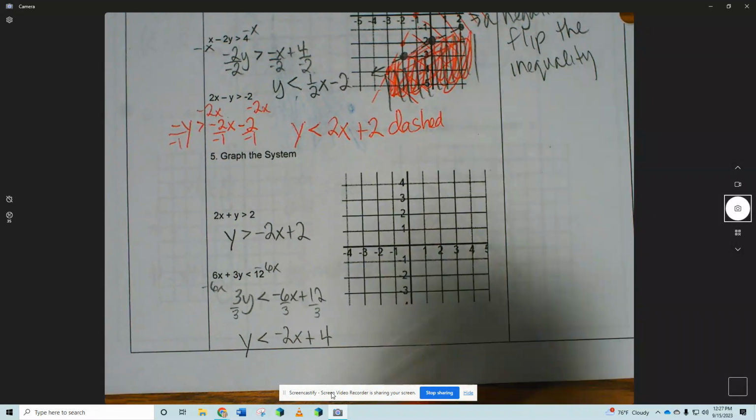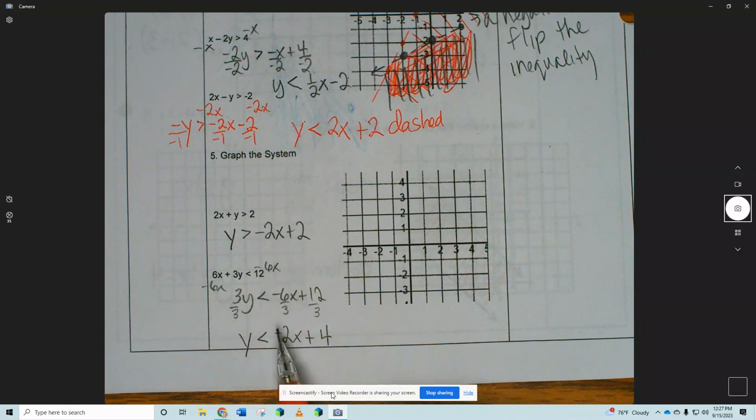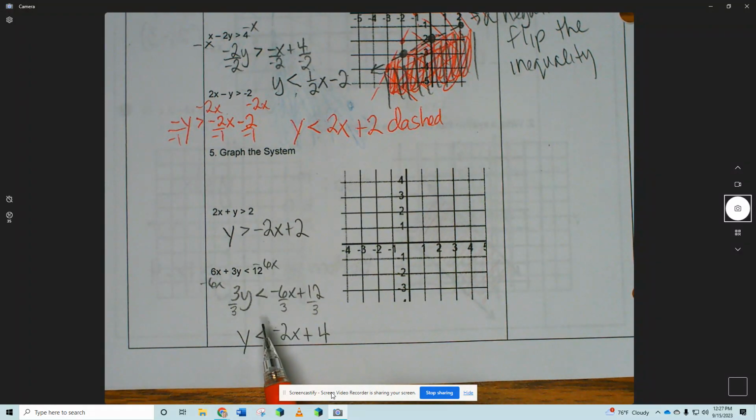Make sure that your inequalities look like mine so that your graph is going to be correct.